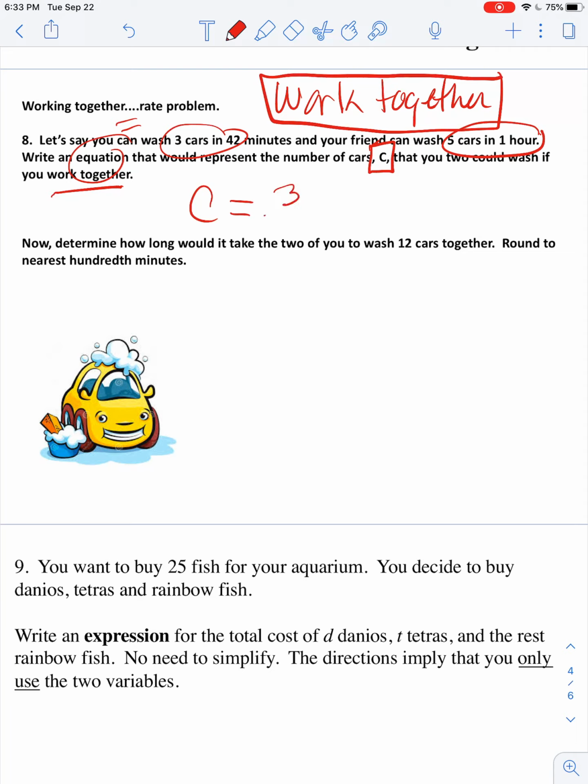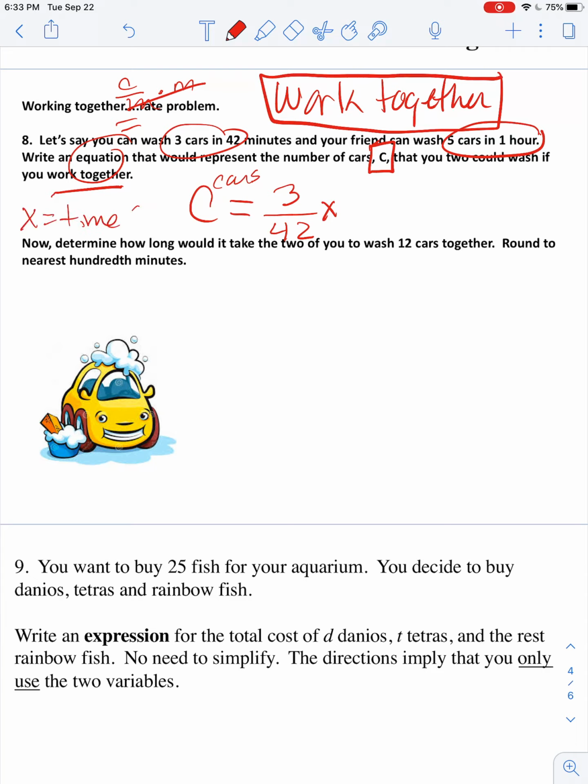So you can do 3 cars in 42 minutes, and then we're going to multiply that by X. If that's cars per minute and we want cars, we have to get rid of the minutes part, because if I have cars per minute, I would need to multiply by minutes to get that out of there.